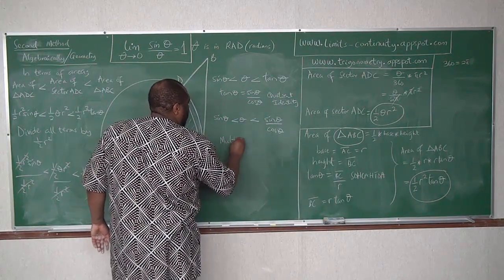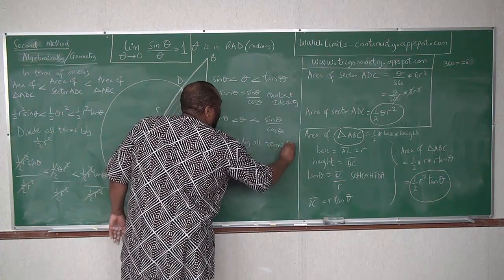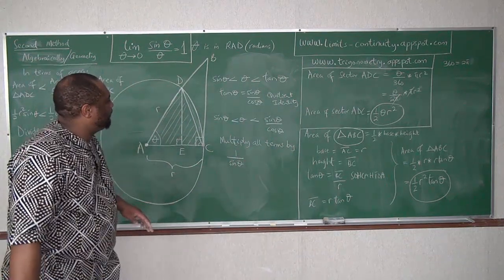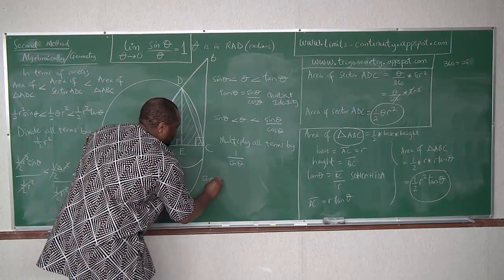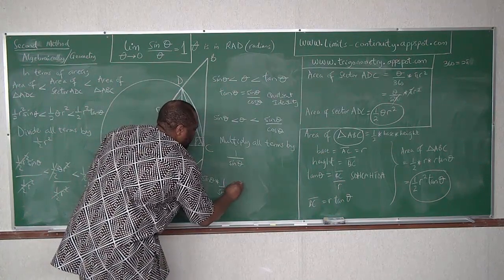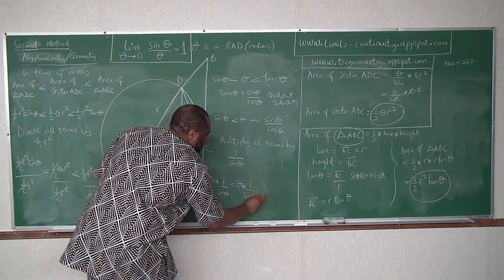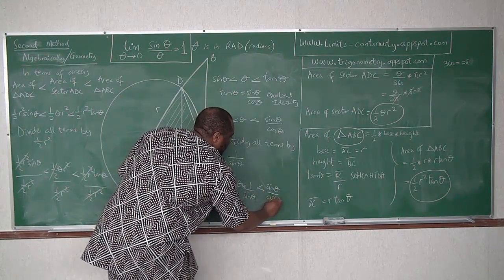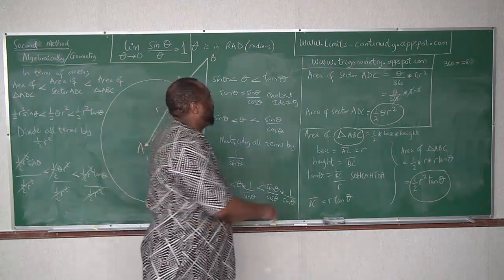Multiply all terms by 1 over sine theta, or you can say divide all terms by sine theta. So this will be sine theta times 1 over sine theta is less than theta times 1 over sine theta, which is less than sine theta over cos theta times 1 over sine theta. Alright?